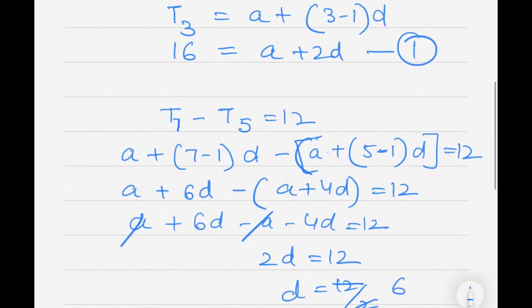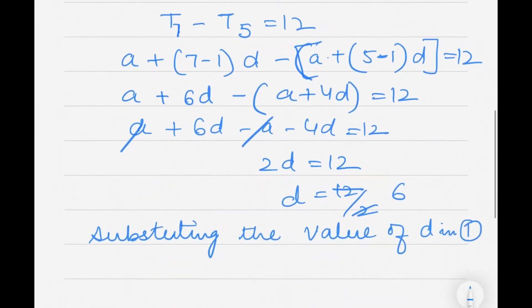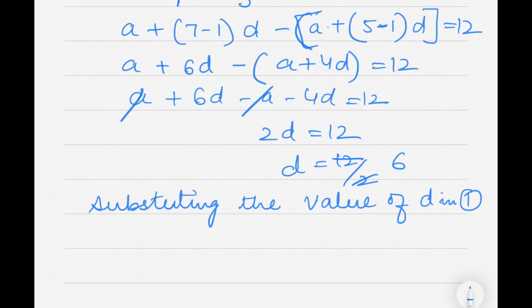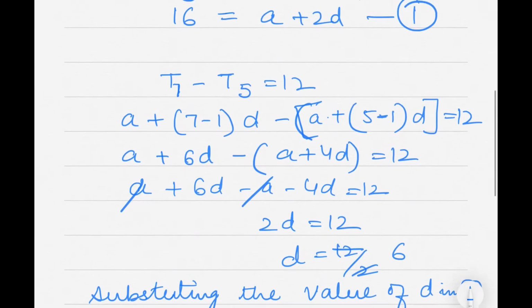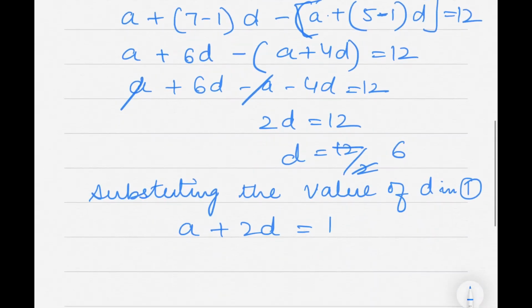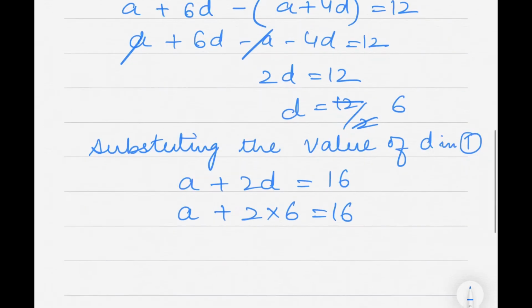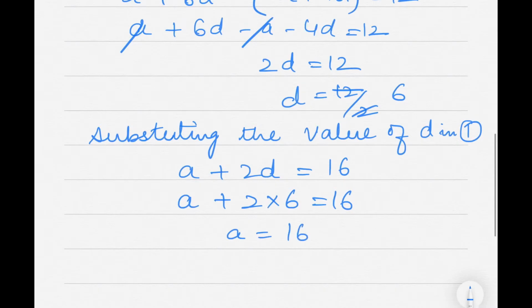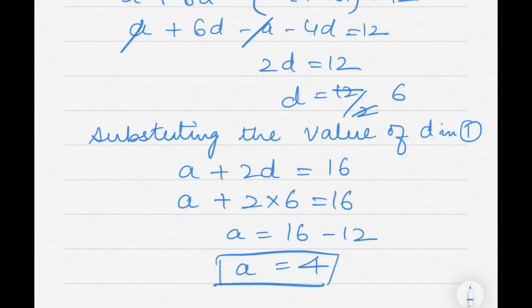The first equation is a plus 2d is equal to 16. I have to find a, plus d is 6, so 2 into 6, is equal to 16. a is equal to 16 minus 12, so my a has come out to be 4. So I got my a and I got my d, both of these values.